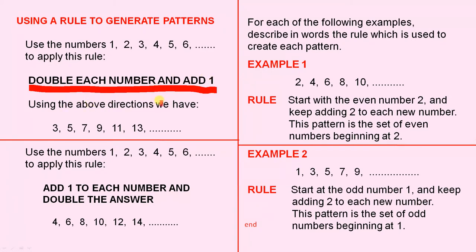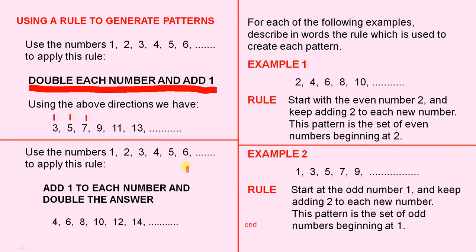So using the above directions we double this number, which gives us 2. We add 1, which gives us 3. We double this number, which gives us 4. We add 1, which gives us 5. Double this number to get 6. Add 1 to give us 7, and you get all those numbers here by applying the same rule.